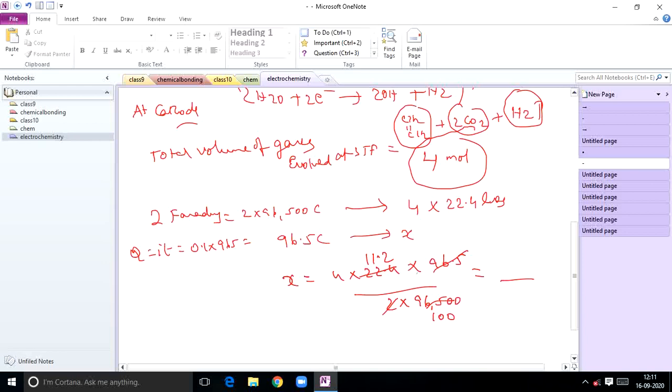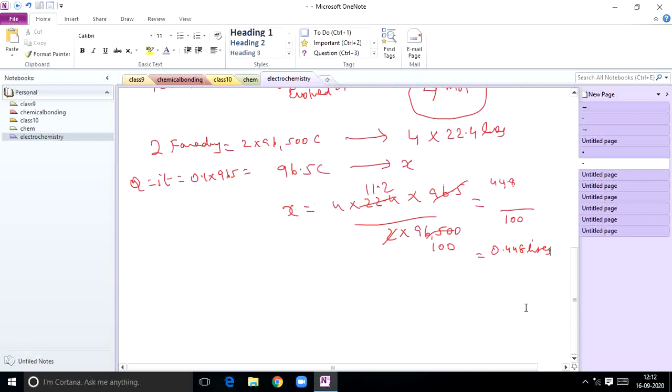So finally you will get 44.8 by 100 liters, which means 0.448 liters. In terms of liters we got 0.448 liter.